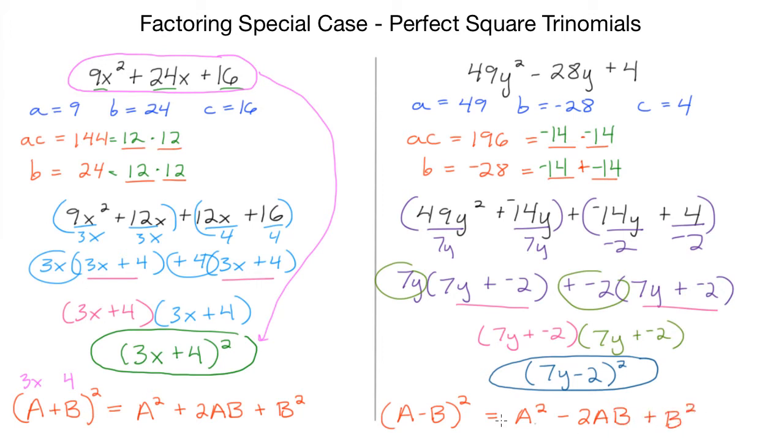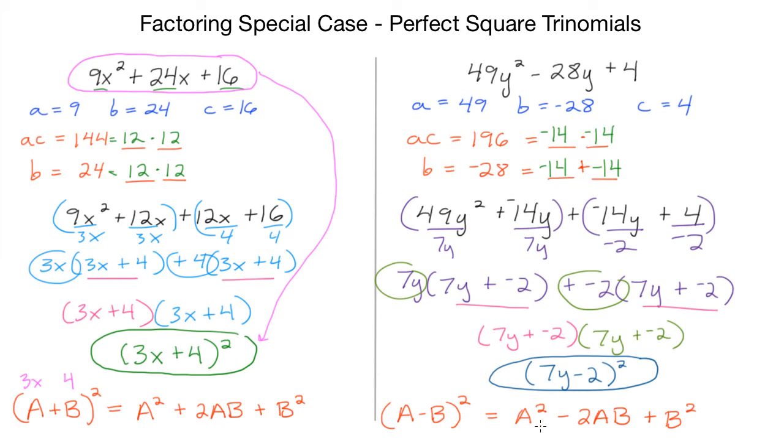So when we're factoring, we're looking for this pattern of squares. 49 was 7 squared, 4 is 2 squared, and 2 times 7 times 2 gives me the negative 28. So it fits that pattern. If you can identify this pattern, sometimes you can make it easy to know you're dealing with something squared when you're trying to factor your trinomial into a binomial.